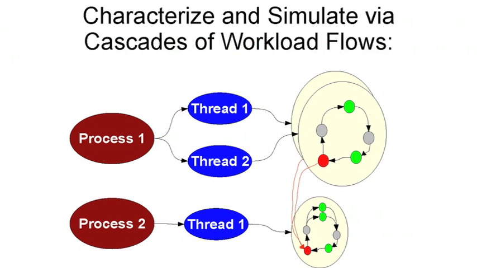As I said, it basically mimics real operating systems. You can declare processes. Processes can have multiple threads. You can have multiple threads executing the same workflow, or multiple threads with different workflows. It's all how you describe it in the language.